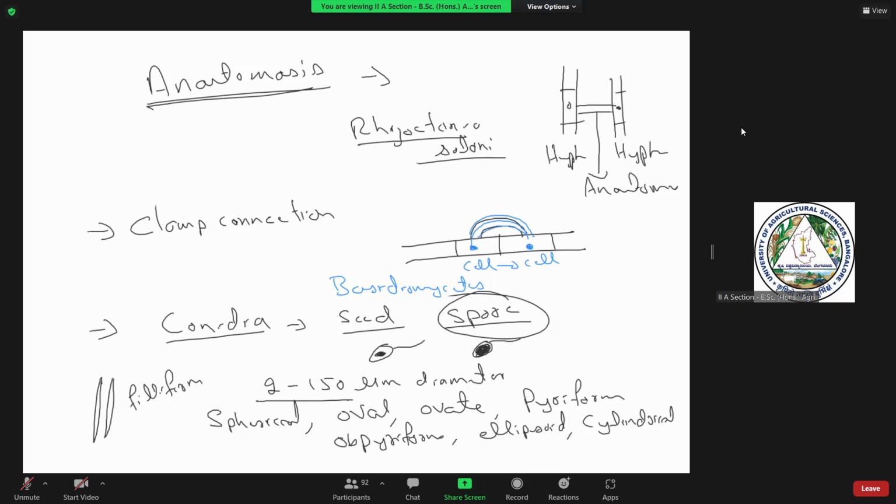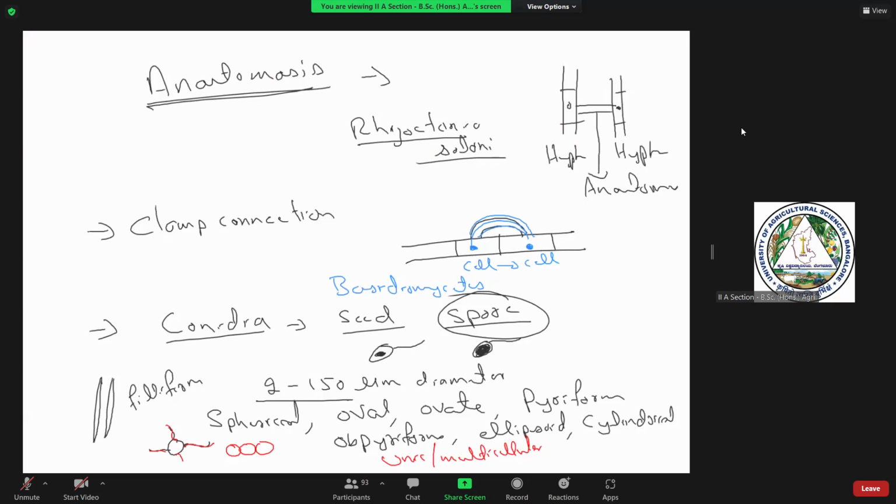Most often they are found without appendages, though some do have appendages. They can be unicellular or multicellular. Often they are found singly, or they can be formed in chains. So this is how you can define a conidia or a spore.